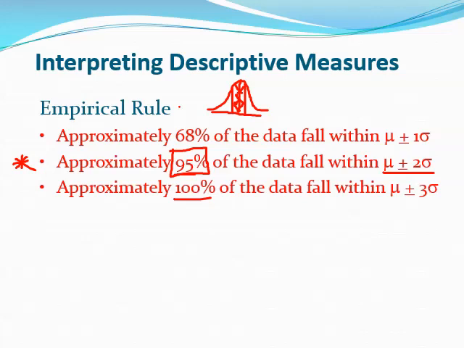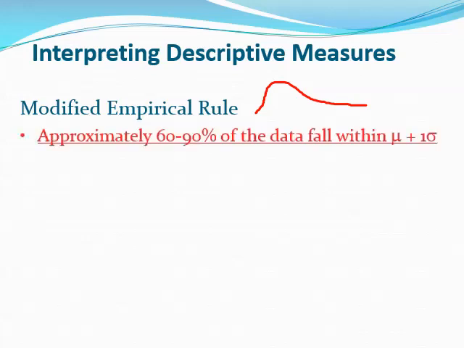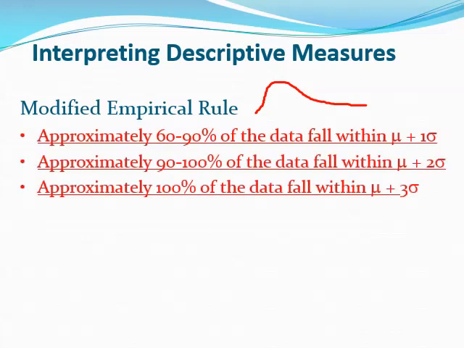And again, some people just look at Chebyshev and the empirical rule and they say if you're working with skewed data, sorry, you got to use Chebyshev. That's why this semester, if you haven't seen it before, I want to give you the modified empirical rule. And again, it works for skewed data. So again, most of the data is going to be found around the mean, and you can see the numbers reflect that.